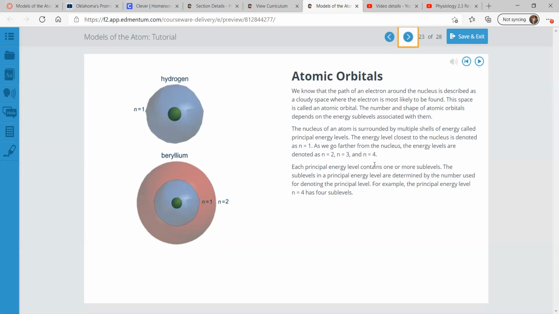Each principal energy level contains one or more sublevels, and the number of sublevels is determined by the number used for denoting the principal level. So for example, the principal energy level n equals 4 has 4 sublevels.